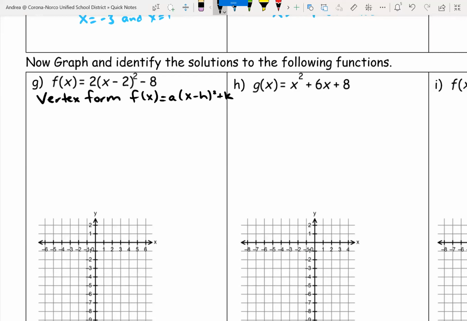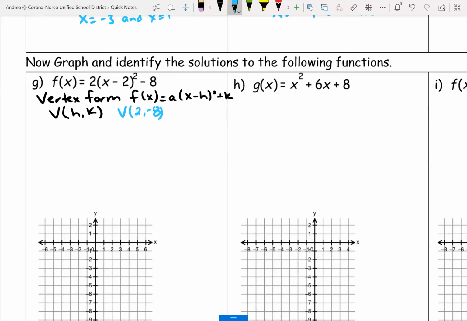Okay, this first one is in vertex form. And remember the vertex is h and k. So you see what would be the vertex here? 2, -8. Very good, 2, -8.